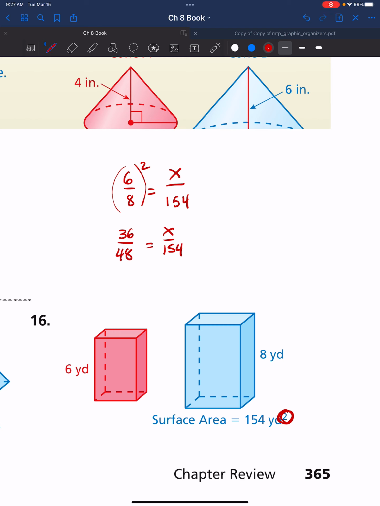Okay, times the two that I know, so I've got 36 times 154. Divide that by 48. X equals 115.5 yards squared. That would be the surface area of the red.